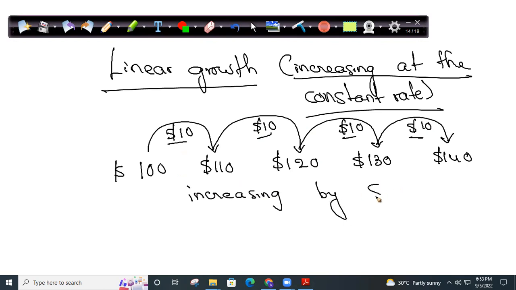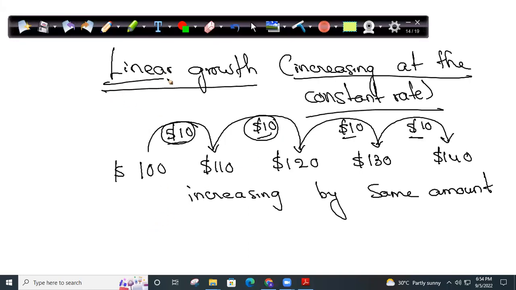Means if something is increasing by the same amount, it is called a linear growth. If something is increasing by the same amount, it is said to be linear growth.